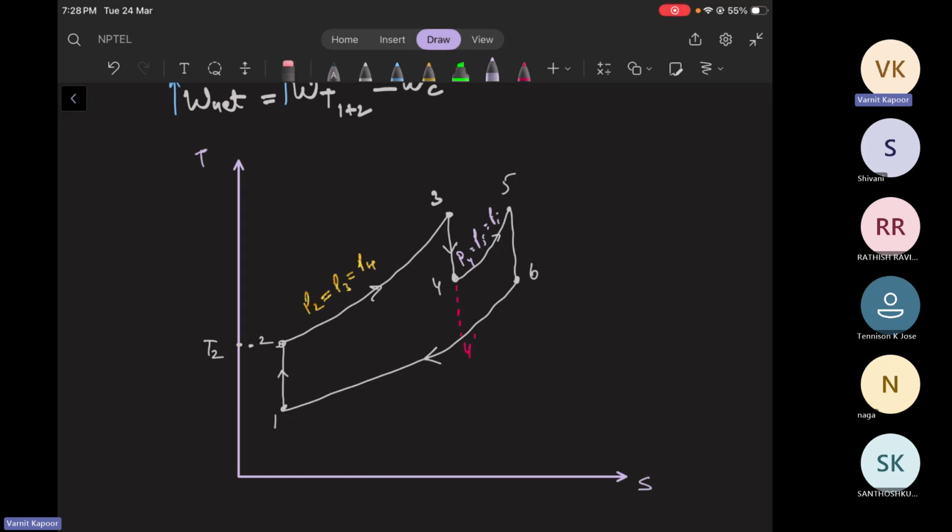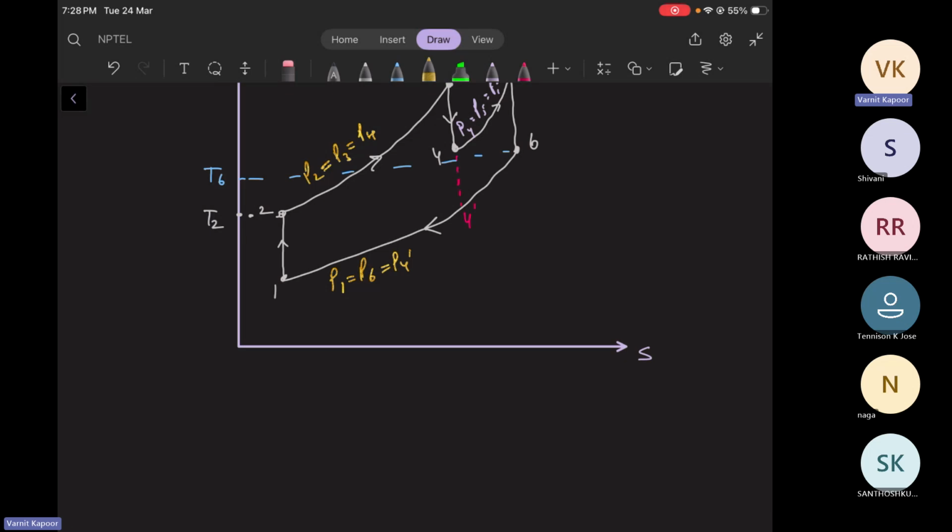And let us say this temperature T6 is higher than T2. And finally, the pressure here will be the same, P1 equal to P6, and if 4 dash would have been there, it would have been the same, P4 dash.